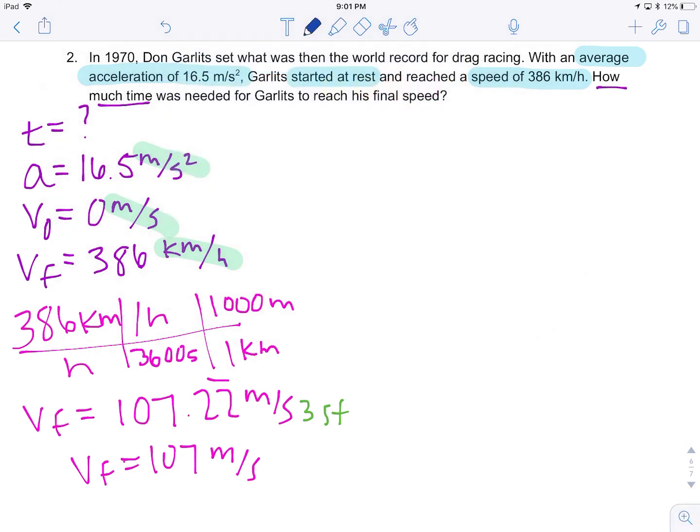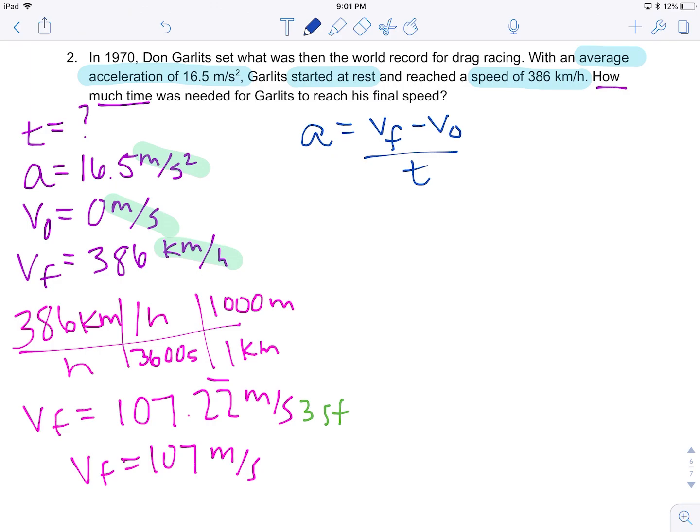So let's look back at our average acceleration equation. It looks like we have enough information. We have information for everything but time, so we can solve for it. If you want, you can go ahead and plug in your numbers right here and rearrange the equation. But I am a fan of rearranging the equation first and plugging in numbers later.